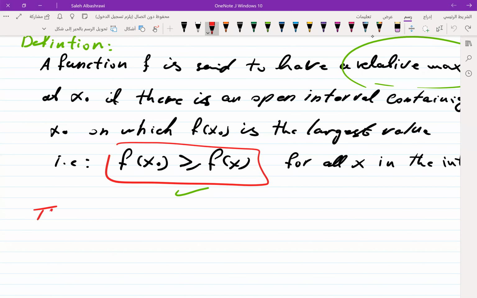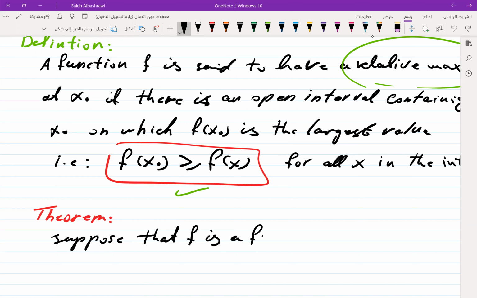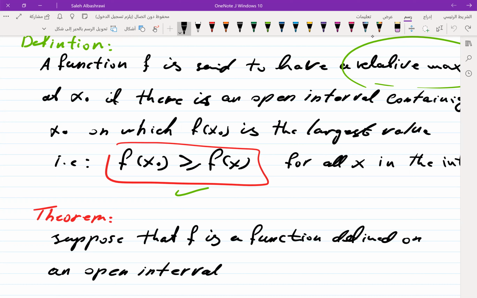Let's state some theorem. Suppose that f is a function defined on an open interval containing the point x0.